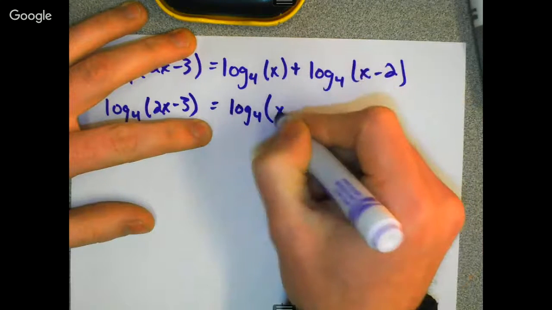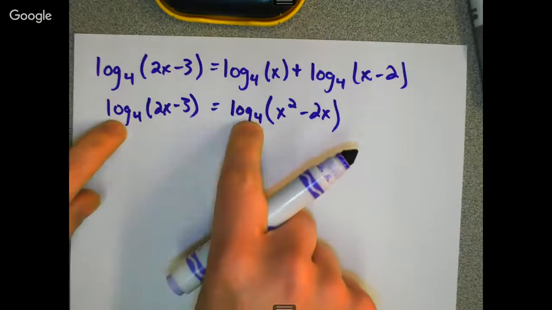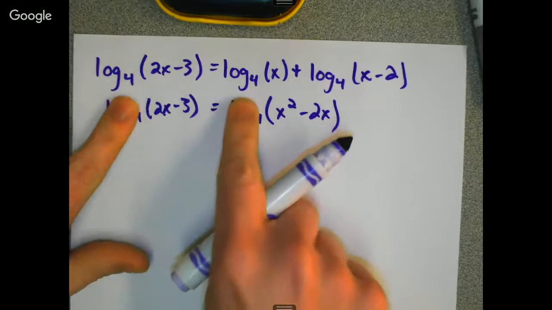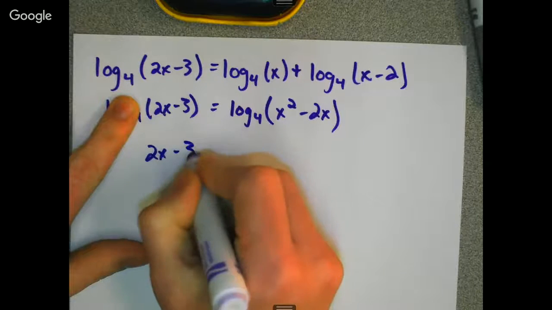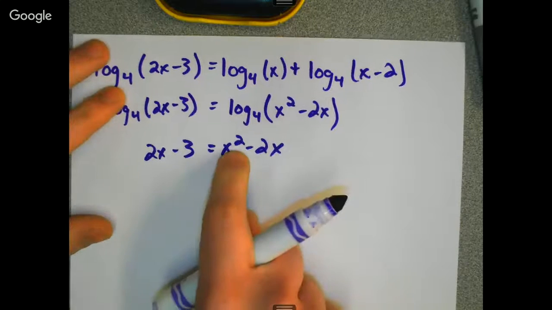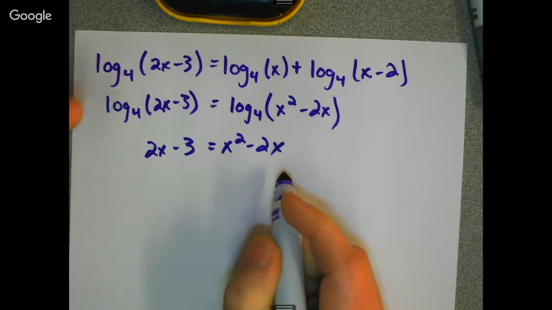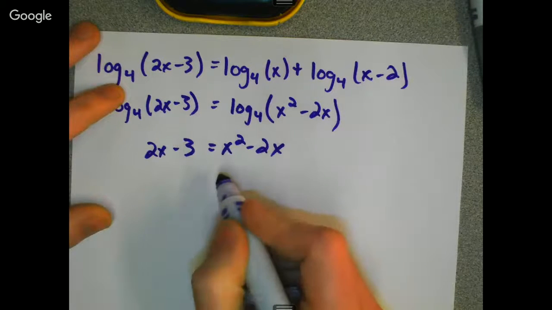So I have x squared minus 2x. Okay, since the logs and the bases are the same, they can cancel each other out. So I have 2x minus 3 equals x squared minus 2x. Again, it's quadratic, so I have to move everything to one side and factor or use the quadratic formula or one of those.